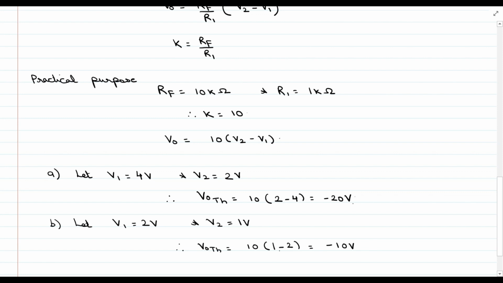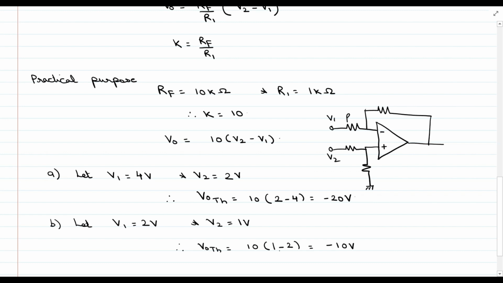So redrawing the circuit which we have to implement: negative, positive, R1, RF, RF connected to ground and R1, V1, V2, R1, R1, RF, RF, and this is the output.